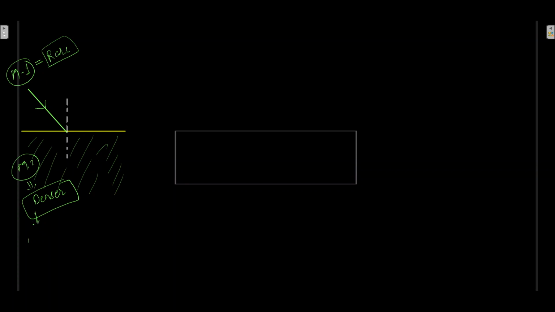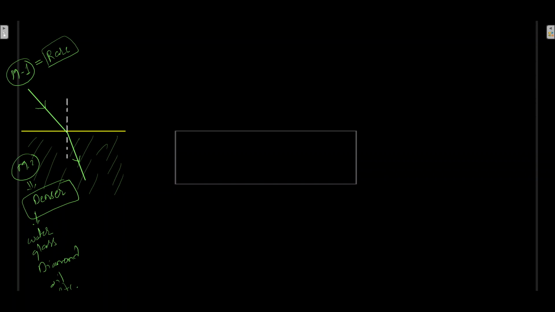Denser medium may be water, maybe glass, maybe diamond, maybe oils, etc. Now when your incident ray enters that particular denser medium, it will bend towards the normal, and I already explained in my previous lecture that whenever rays enter a denser medium having a higher refractive index, they bend towards the normal because of the lowering in their speed of light.